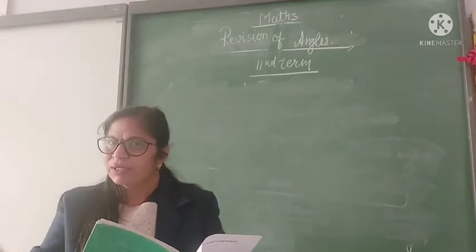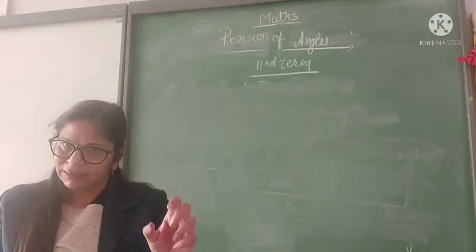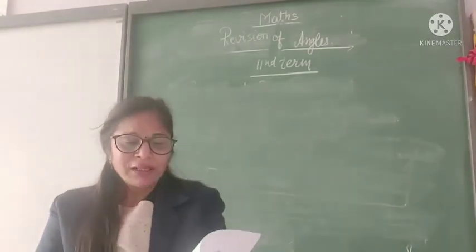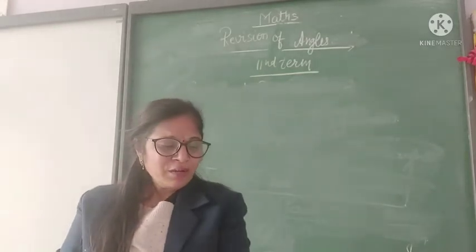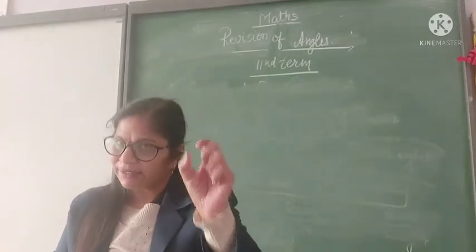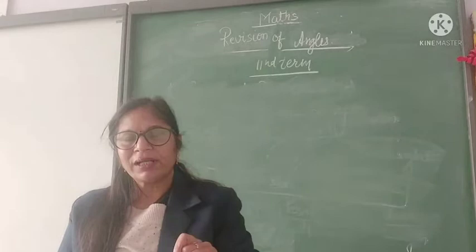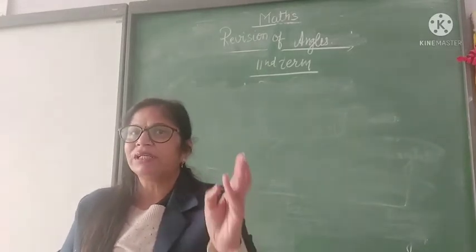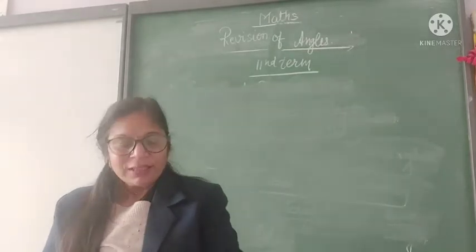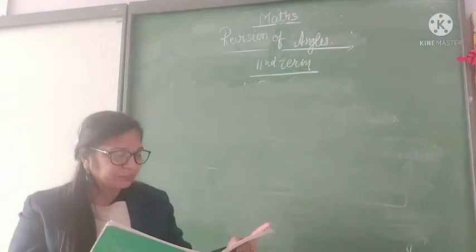So what is an acute angle? An angle which is less than a right angle. What is a right angle? A right angle is 90 degree. So an angle which is less than 90 degree is called an acute angle, like 60 degree, 65 degree, even 89 degree is also an acute angle. And we will draw with the help of protractor, as I told you.